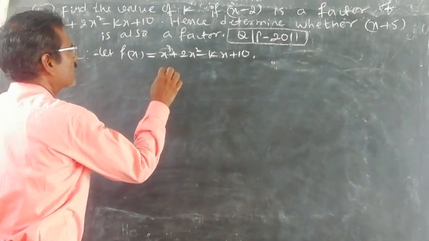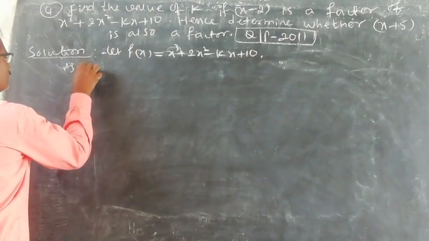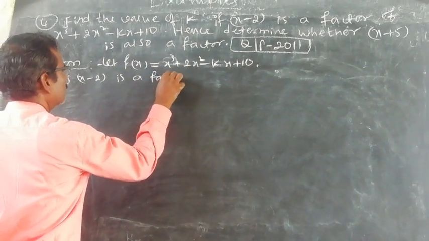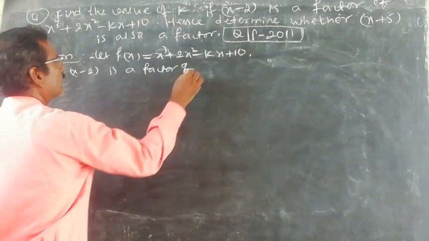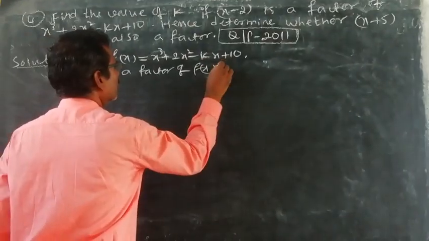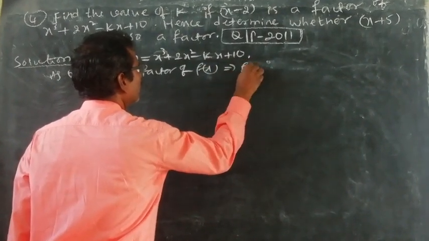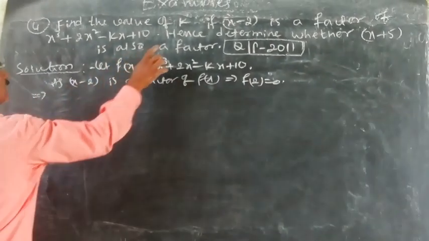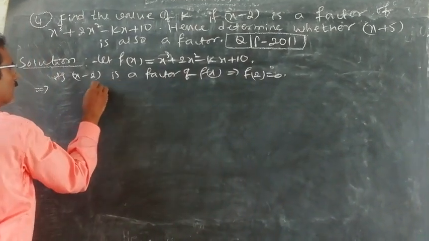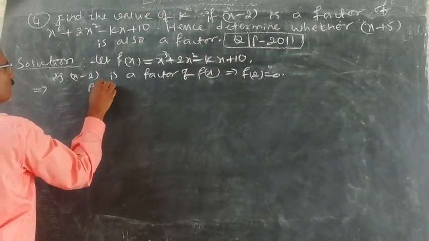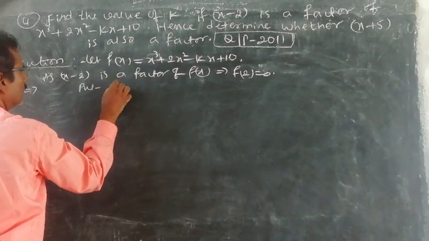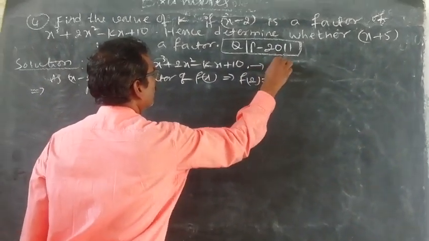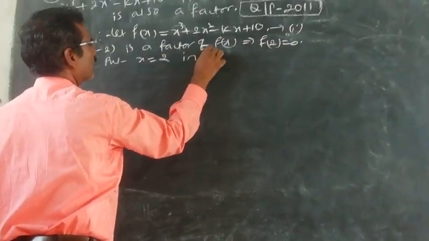As x minus 2 is a factor of f(x), this implies that f(2) is equal to 0. Put x is equal to 2 in equation 1.